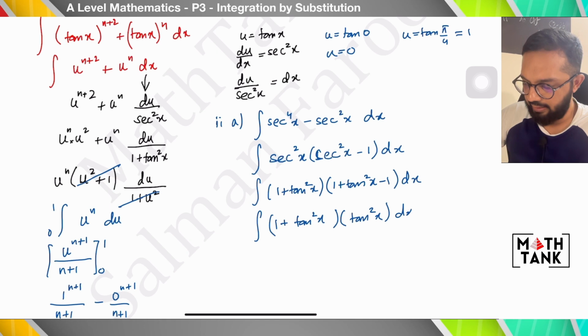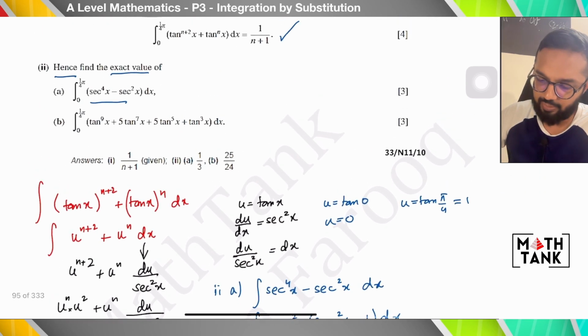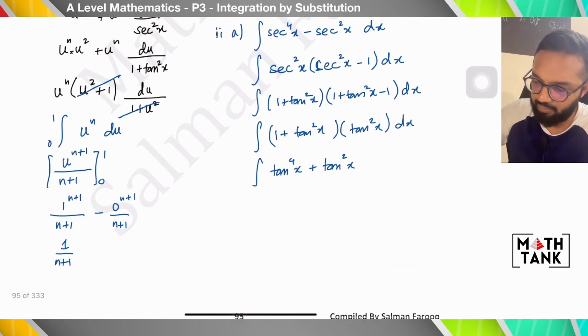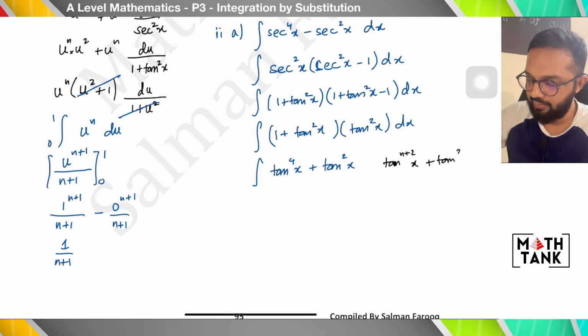When I multiply this through and rearrange it a little, I get tan power 4x plus tan square x. Does this situation resemble the one that I have in the question? Let's compare. This one says tan power n plus 2 plus tan power n. So my situation resembles exactly that.